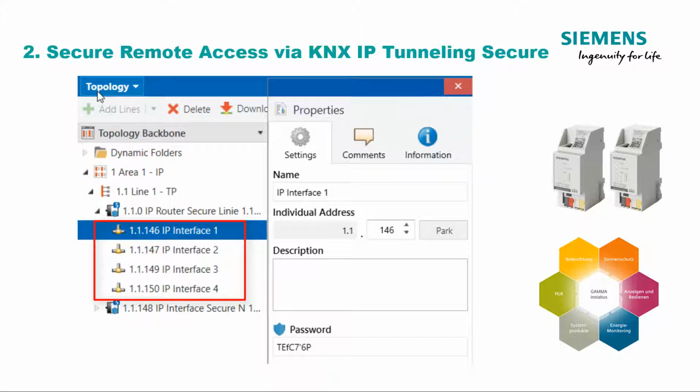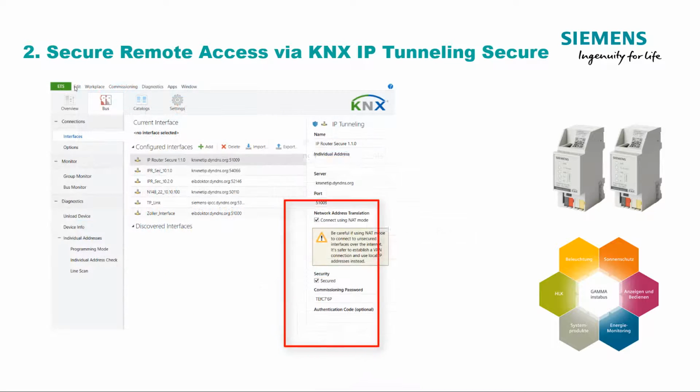These allow secure access to KNX systems with ETS for maintenance and diagnostic purposes, and other software products such as visualizations. The first time an IP tunnel interface is used, the configure password of this IP tunnel interface is queried. Secure access is of course also possible via the local network or via the Internet.